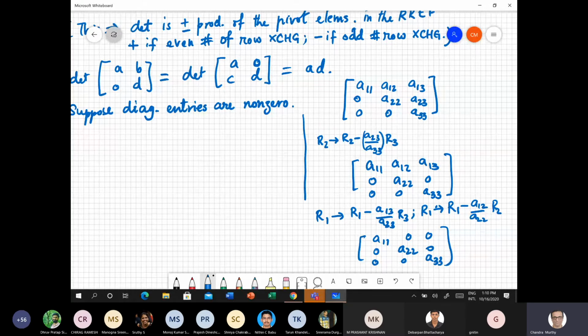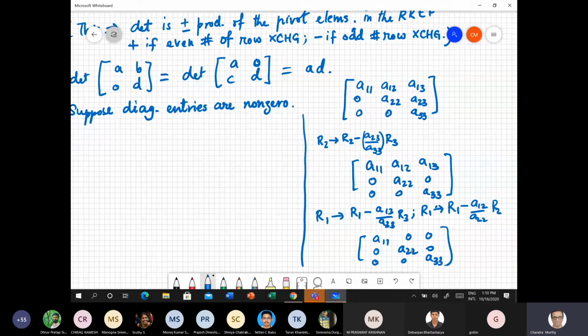So basically, if it's an upper triangular matrix or even a lower triangular matrix with the diagonal entries being non-zero, then you can do one more round of elimination and reduce it down to a diagonal matrix. And in this process, I've only subtracted multiples of a row from another row, and so that doesn't change the determinant. I have not changed the determinant throughout this process. So the determinant of this matrix here is the same as the determinant of a diagonal matrix.